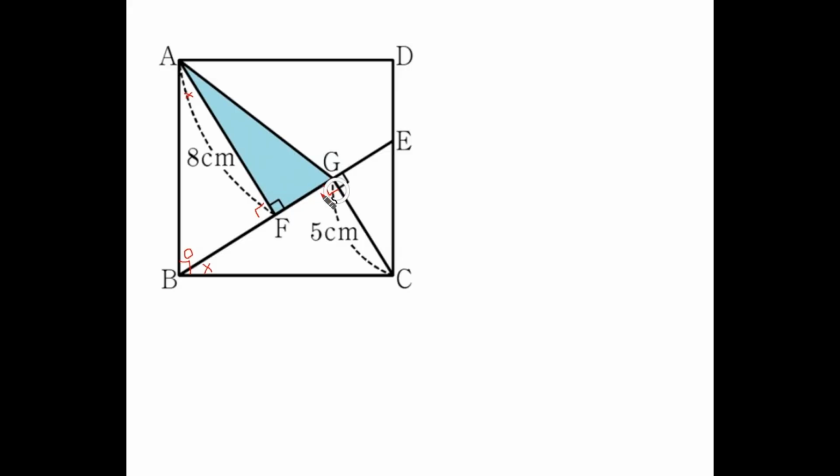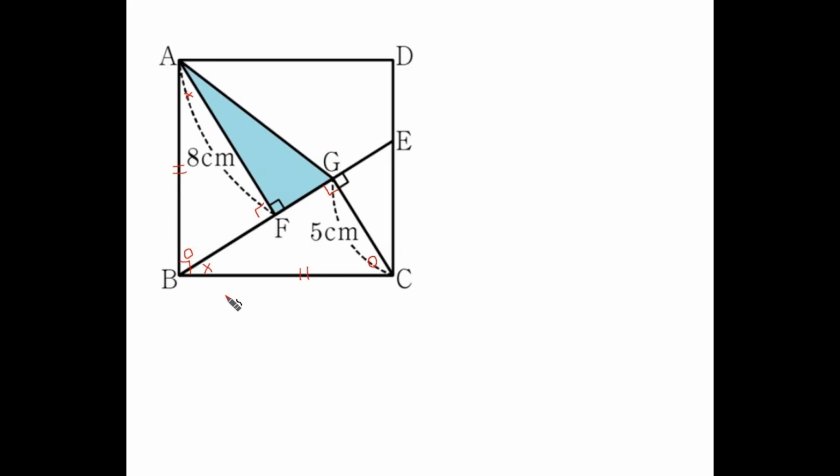Here 90 degrees. So angle BCG is small dot. AB equal BC.